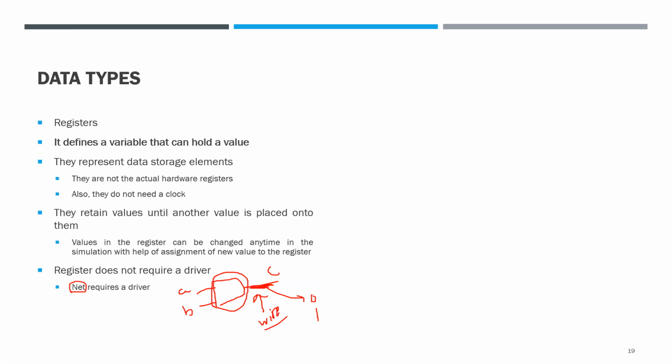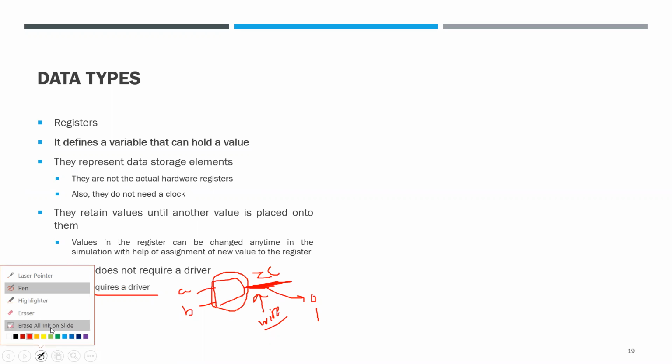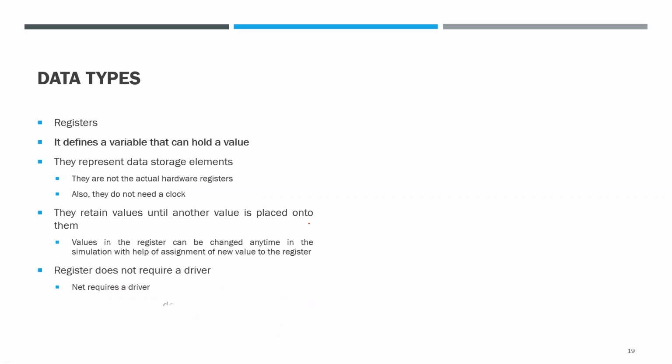So this requires a driver to be utilized in order to make it high or low, or else by default it will be in the high impedance state. So that is the change. Therefore, for a net we require a driver, but for a register we do not require a driver. That is one of the differences between the net and register data types.